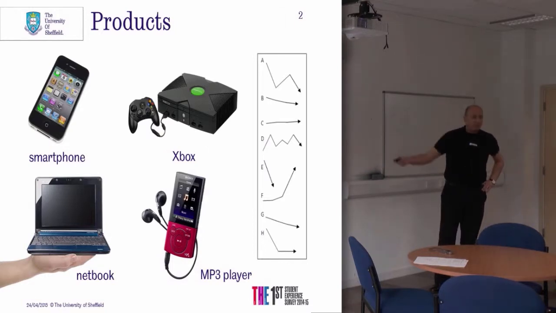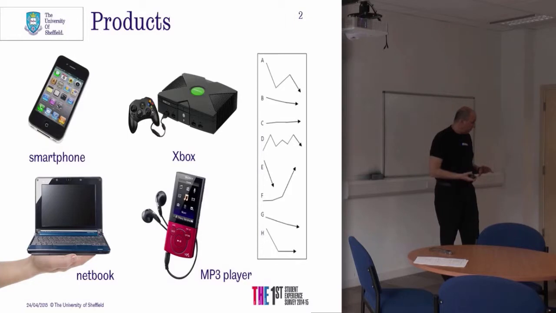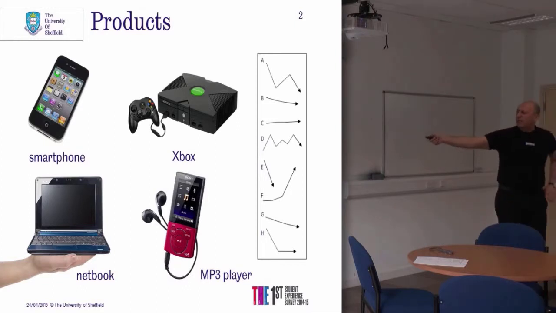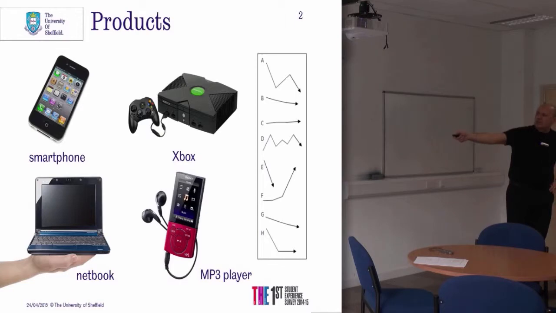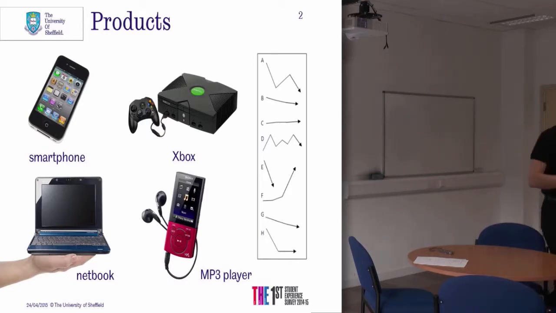You can see other differences between them, but there are 8 of them. You only need to match up 4. So just choose one for each product. You don't need to write anything. You might say, I think that C is the smartphone because the sales are going up but not very fast, for example. So try to give a reason as well. And I'll just come and listen to you, okay?